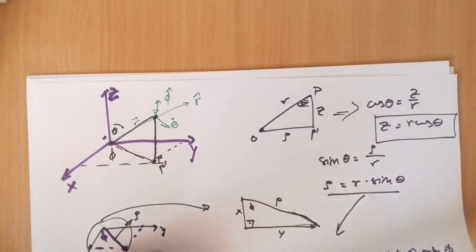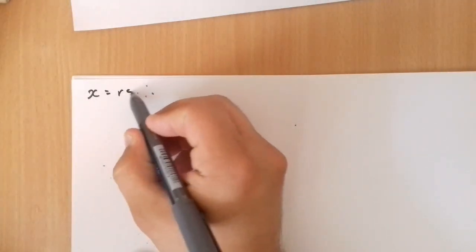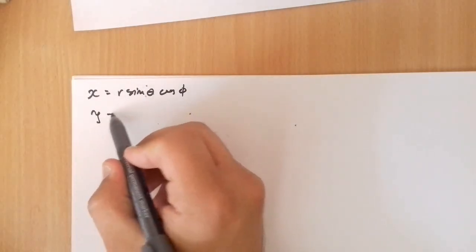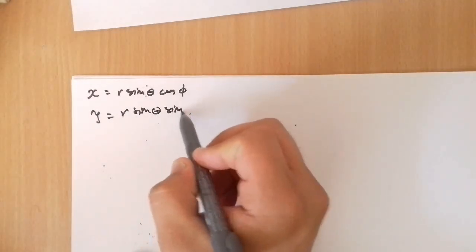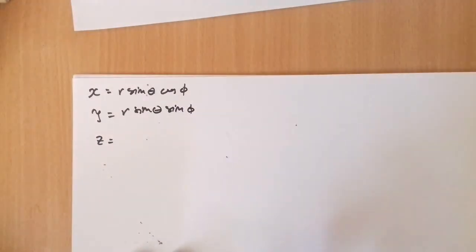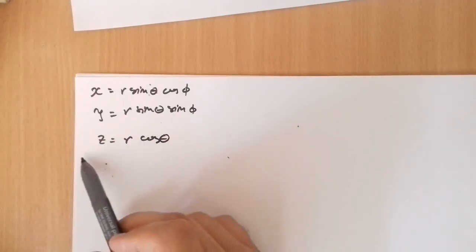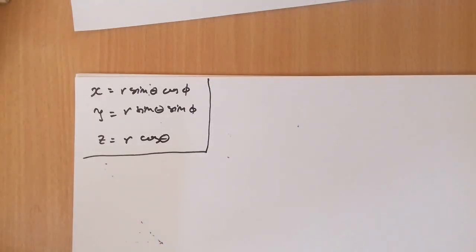So we can write x is equal to r sine theta cosine phi, y is r sine theta sine phi, and z is equal to r cosine theta. This is the relation between Cartesian coordinates and the spherical coordinate system.